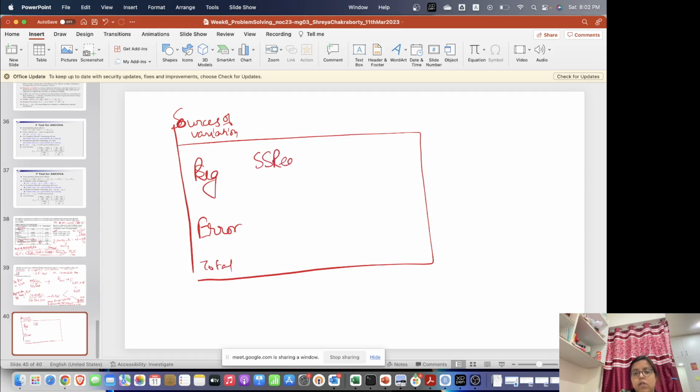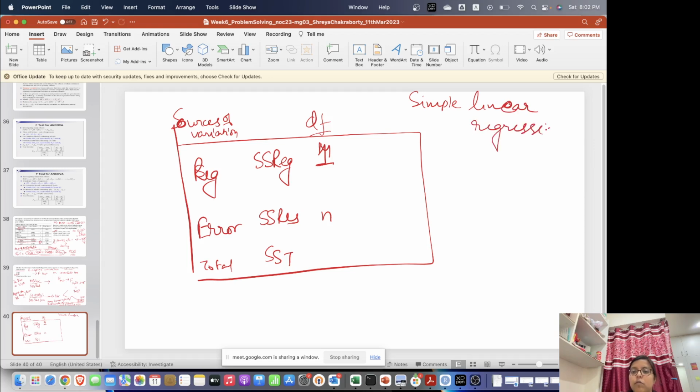Then sum of squares due to regression, sum of squares due to residual, sum of squares total. Then degrees of freedom, this would be 1. This is for a simple linear regression. What do we mean by a simple linear regression? Only one independent variable.